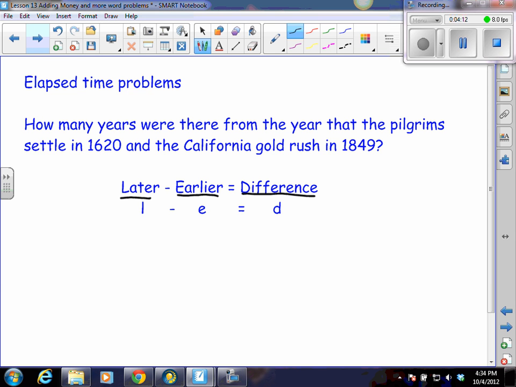So as we look at this problem, we need to find our later date, and that of course is going to be our 1849. Then we're going to subtract from that our earlier date, which is 1620. And of course that's going to get us our difference, or tell us how many years there were between these two dates.